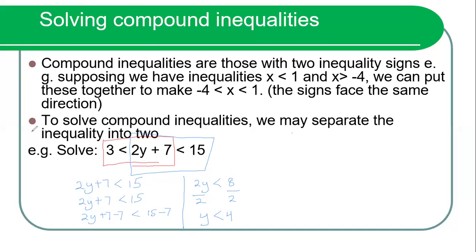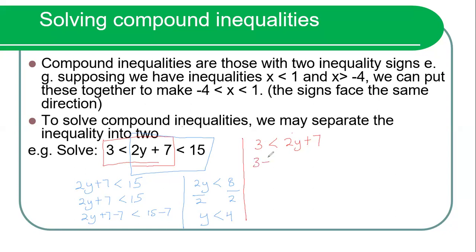Now, after solving that one, go to the next one, the one in red. So the one in red, I will say 3 is less than 2y plus 7. What am I going to do? Still, I collect the like terms. I make sure the 3 and the 2y are on their own sides. So you choose what you want, either you bring the 7 this side, anything.